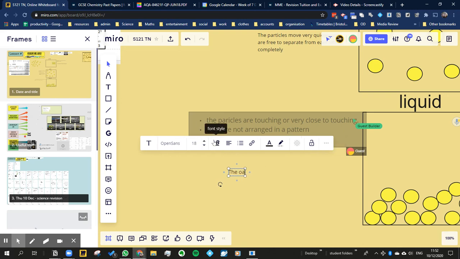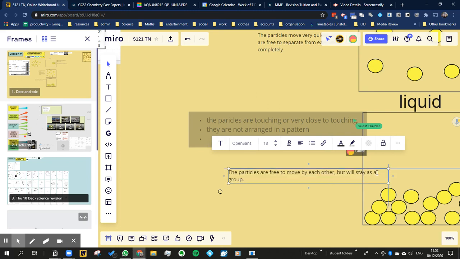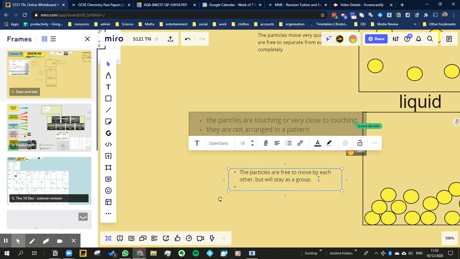The particles are free to move by each other, but will stay as a group. And also, they do not move as quickly as in a gas.